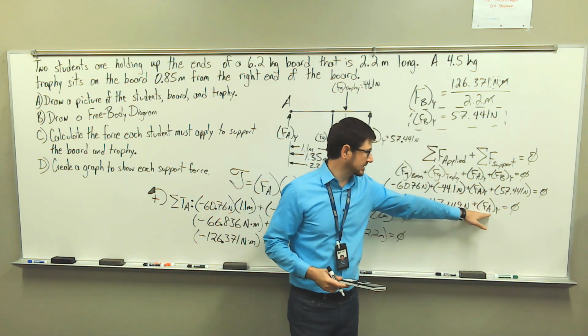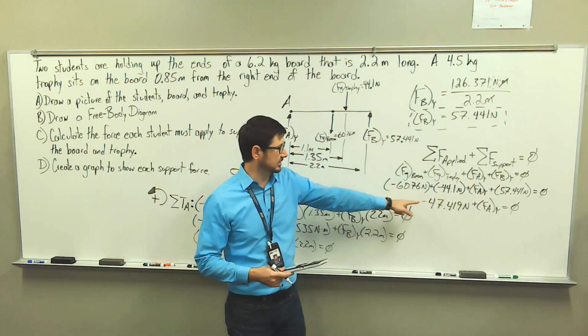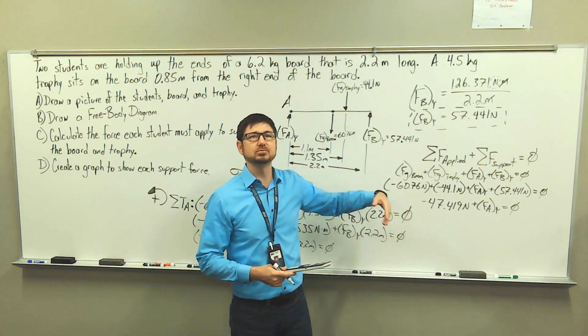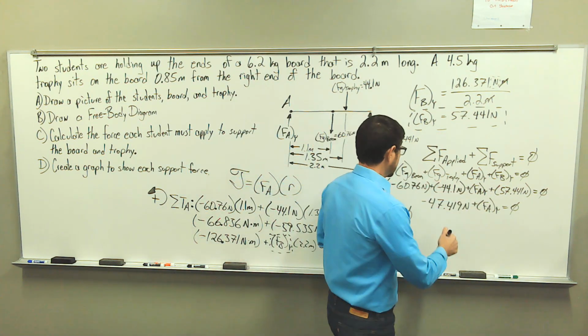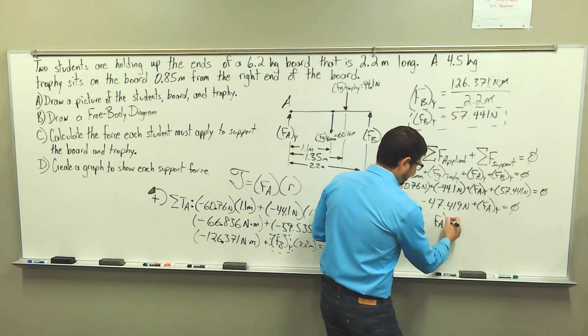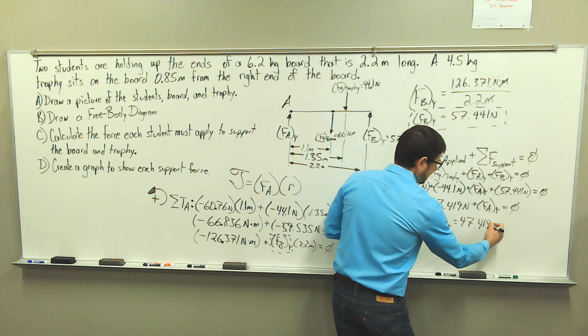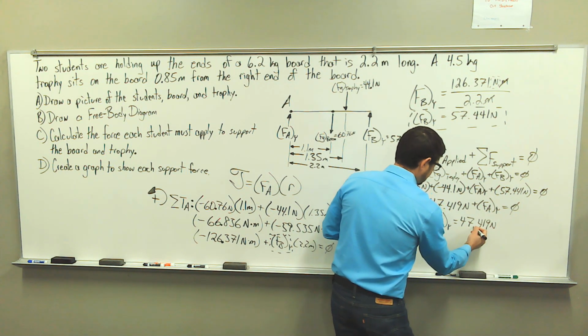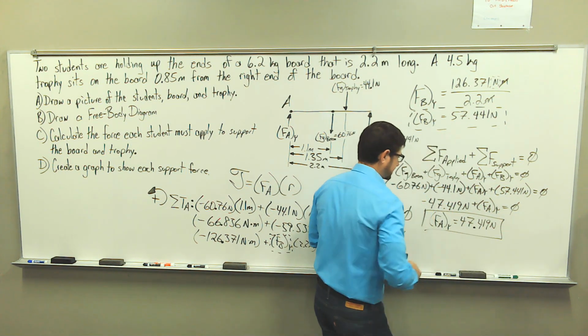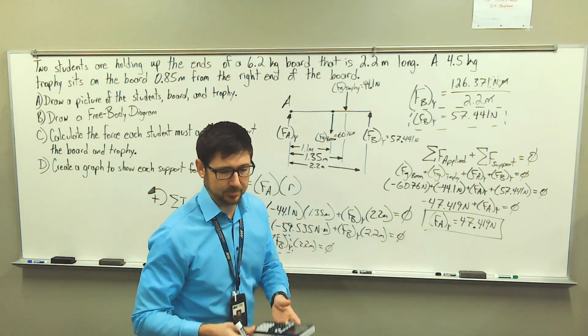We're going to isolate support force A by adding 47.419 newtons to both sides of the equal sign. And what we have is support force A is equal to 47.419 newtons. And I will put a box around that guy, okay?